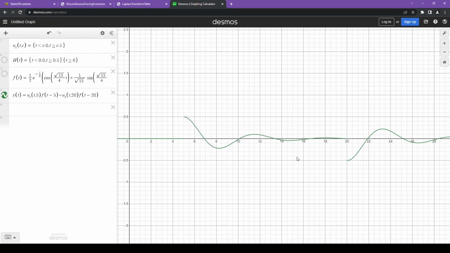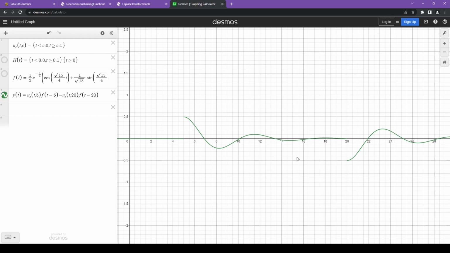Here we're zoomed out far enough that we can see what the different behaviors are for this expression. See that it turns on at 5, it has a behavior, and then we turn off our forcing function, and that changes the behavior of the expression. This type of behavior is not something we'd be able to model without the ability to describe discontinuous functions on the right-hand side.